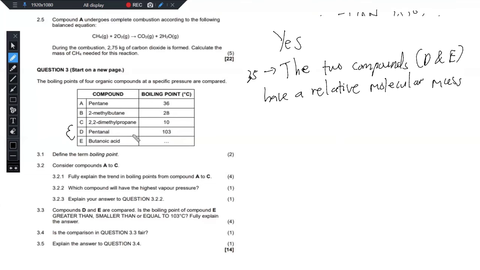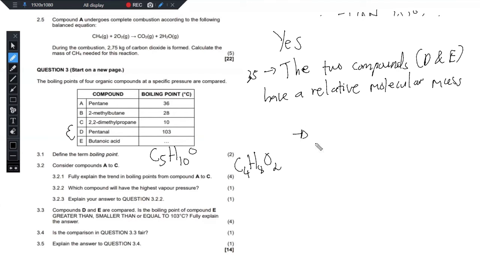So if we can check pentanal, pentanal will have C5 and then H10 and then O. But then butanoic acid will have C4, so it's C4H8 and then O2. Now let's compare here and see if they are around the same mass.